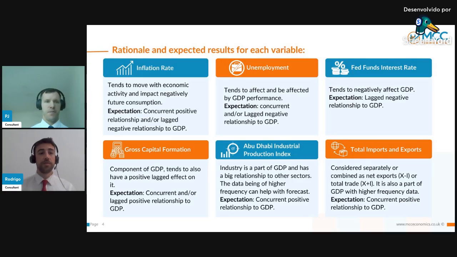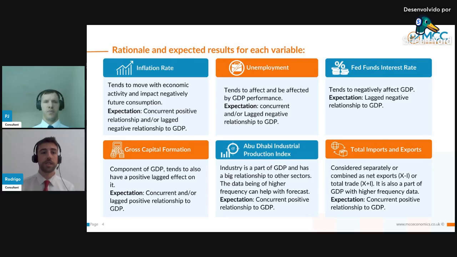For each of the variables, since our starting point was economic theory, naturally we had some expectations on how they should behave in regards to GDP. Of course, this expectation was not only from economic theory, but also from what we observed in other studies using real world data.